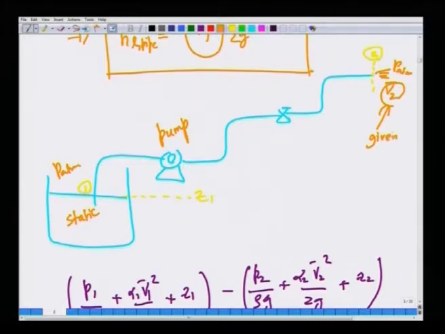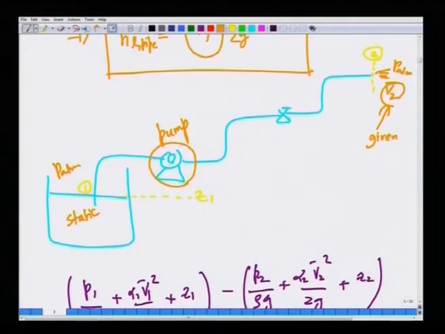Okay. Now, what is the head I must generate across the pump, so that we can make the fluid flow at a particular velocity? What this pump is essentially doing is to overcome the gravitational head between points 1 and 2 and also the viscous losses that occur at various points.